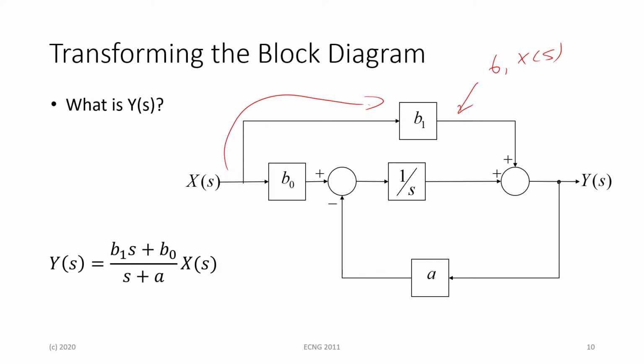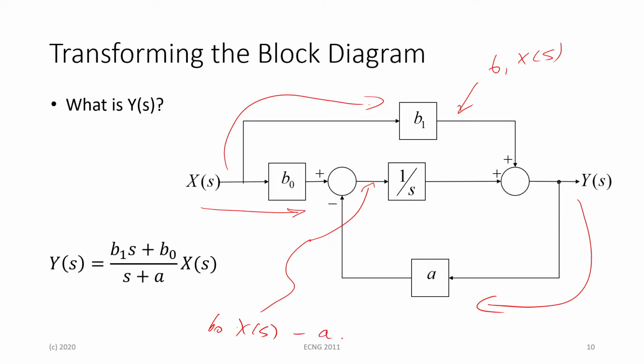And if we watch at this point here, we had b0 x of s, and we have this negative part to consider in particular. So this is going to be minus a y of s.